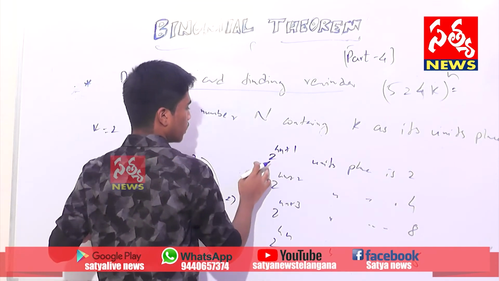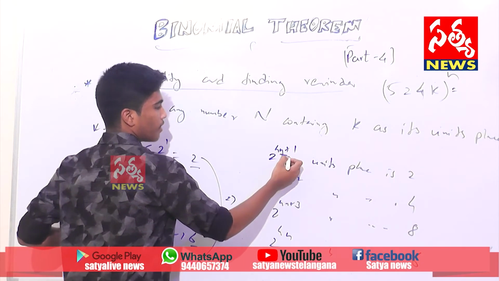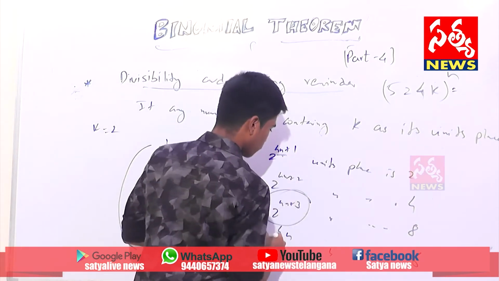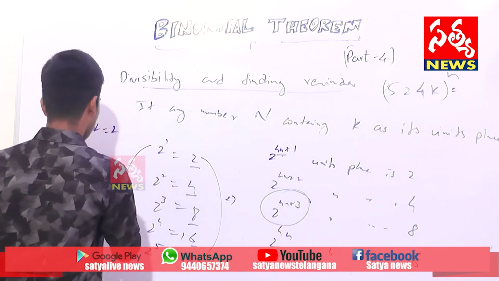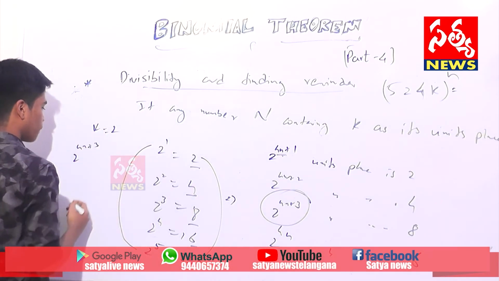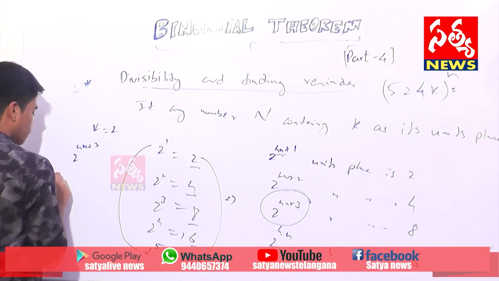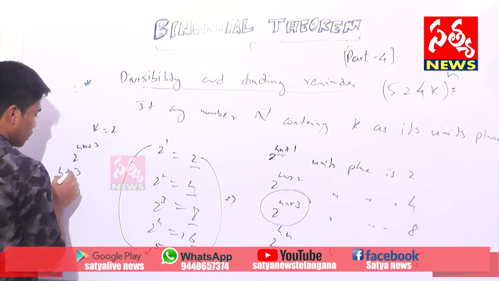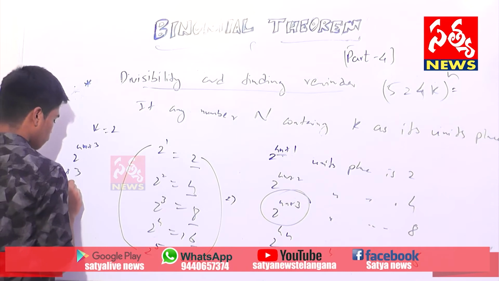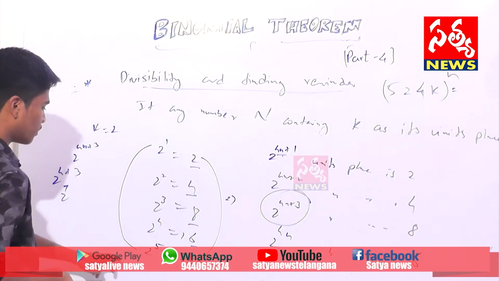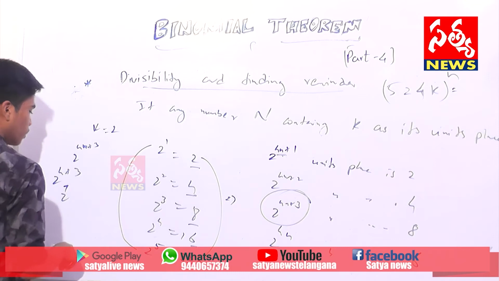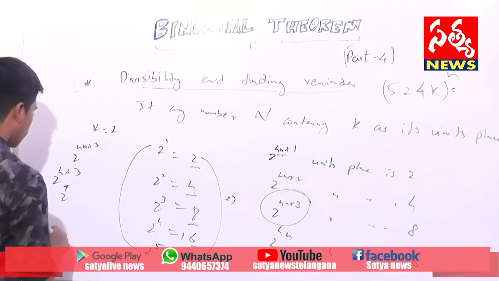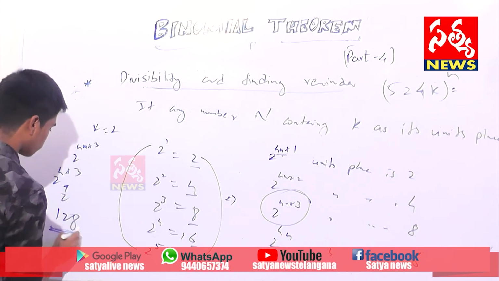You can check it also. Let's take 2 power 4n plus 3 and put the n value as 1. So 4 plus 3, that is 2 power 7. 2 power 5 is 32, 2 power 6 is 64, and 2 power 7 is 128.